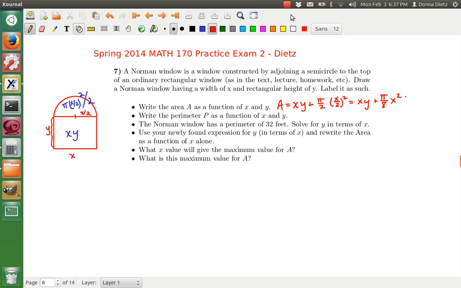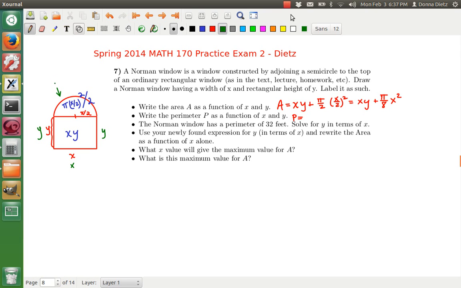Right, the perimeter as a function of x and y. Well, what do we have? x and y, so this is y, x, and y, and then the perimeter of a circle is 2 pi r, right?